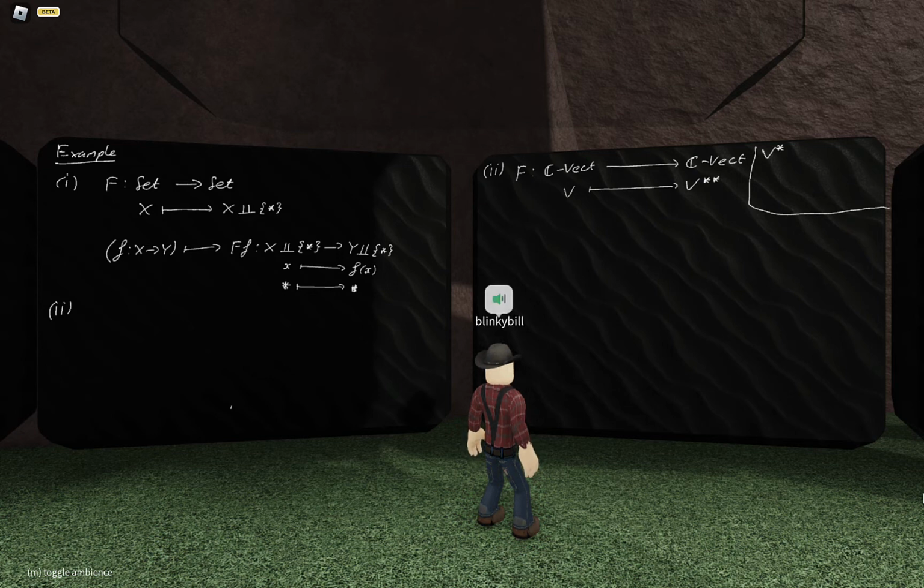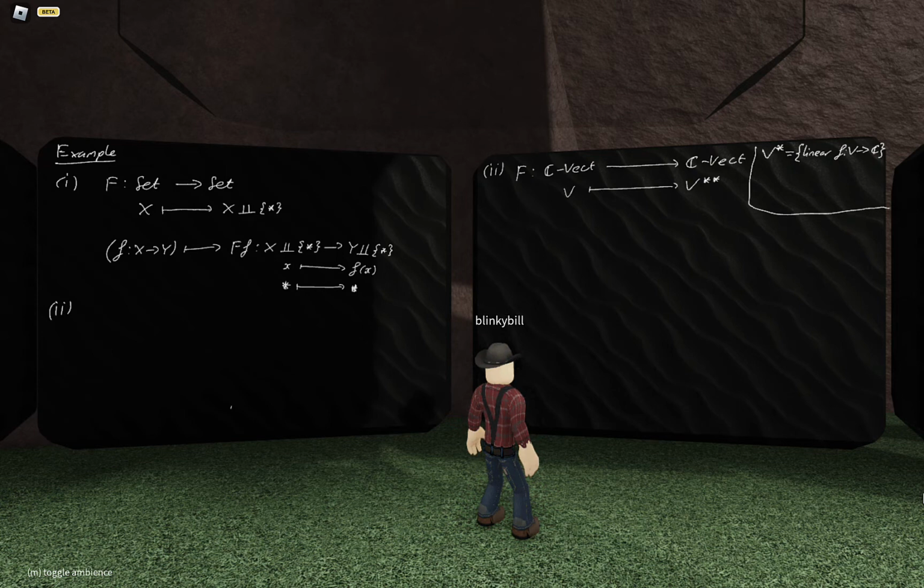In case you forgot, the dual of a vector space is the set of linear functionals, i.e. functions from V to C, i.e. they're linear in the object that you get from the vector space.